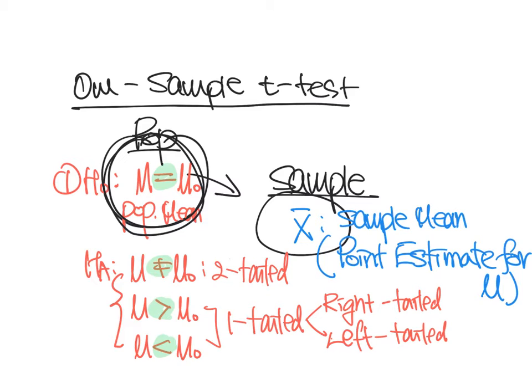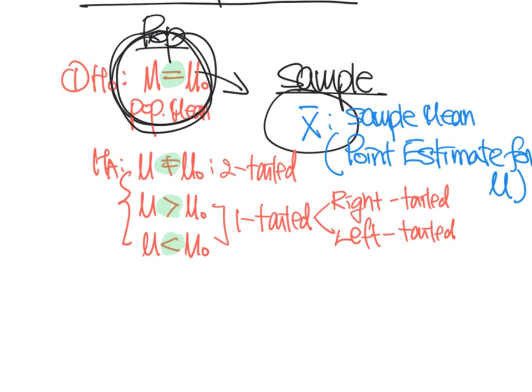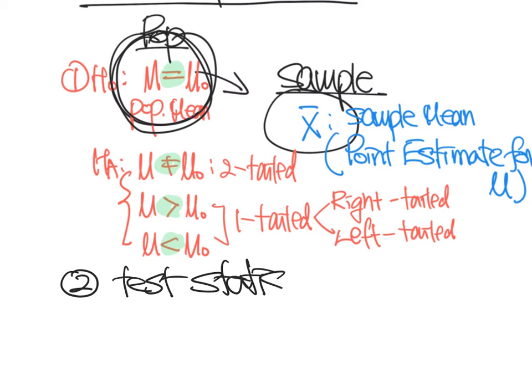So now, in the one sample t-test, we did the test. The second step, we take the test statistic. Can you remember that? It was the t-score. The second step is to take the test statistic, which will be the t-score.